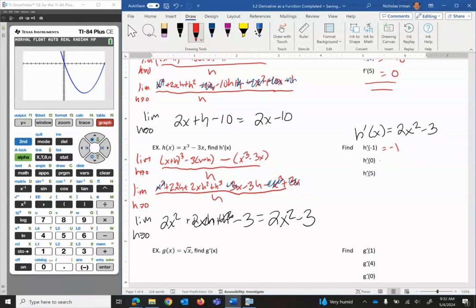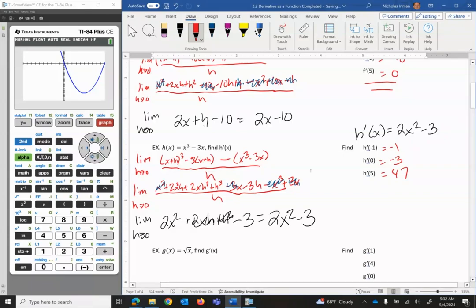At 0, we get -3. 3 times 0 minus 3, -3. At 5, x squared, that'd be 25 times 3, that's 75. 75 minus 3, 72. All right, so we can do that, and we can have those.